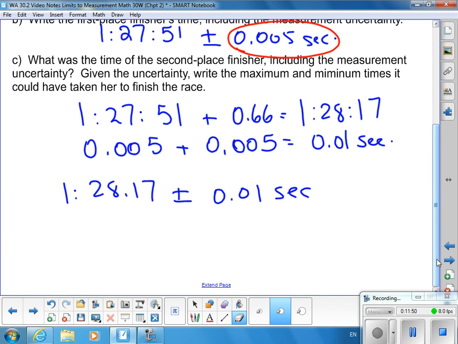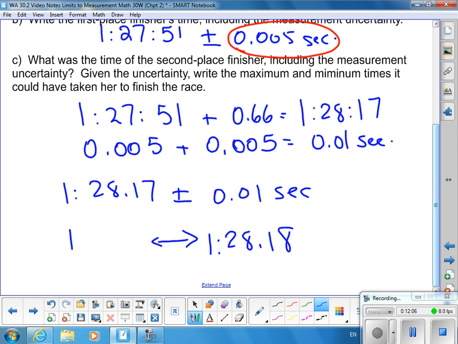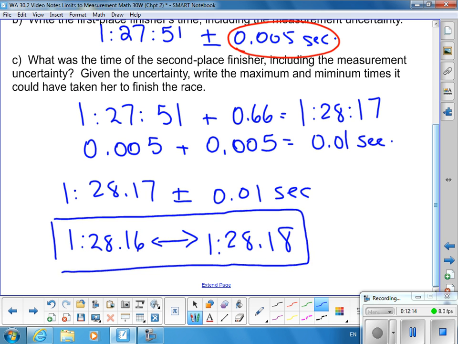Now, if we took and added 0.01 second, we would get 1.2818, or if you subtracted it, would be 1.2816. Okay? So her time could be anywhere from the first time to the second time. So the difference of 0.16 to 0.18.